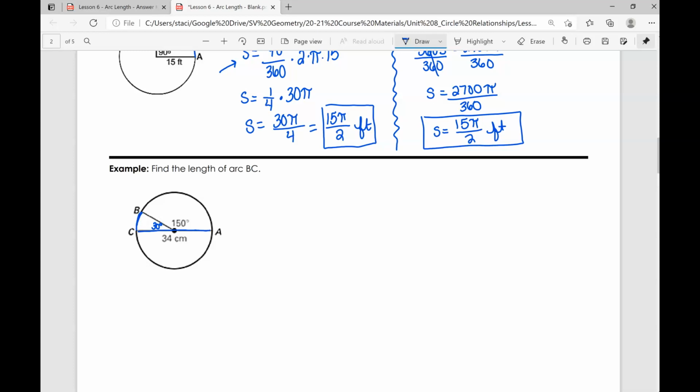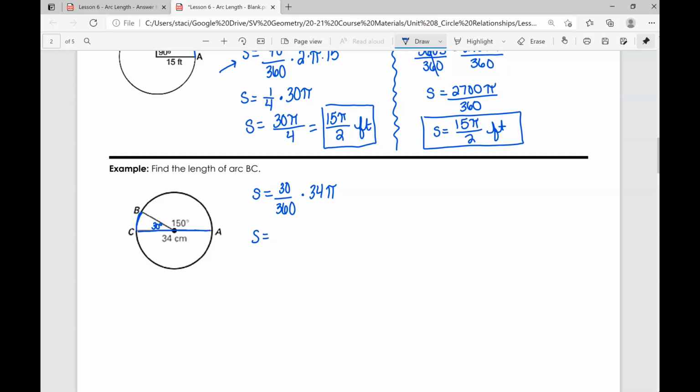So if I want to find the arc length, I'm going to have my central angle over 360 times, and since I have the diameter, I'm going to just say 34 pi. So then, me personally, I like to simplify my central angle and the 360 degrees. So 30 goes into 360 12 times.